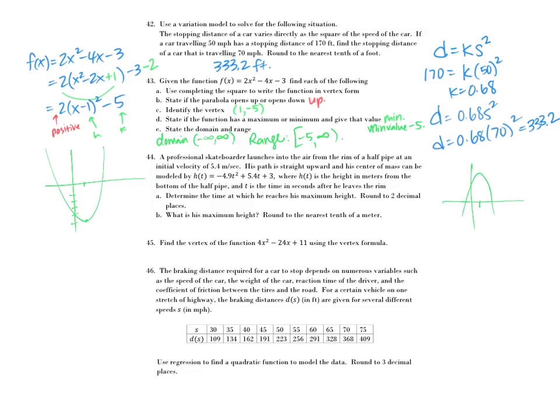And that maximum happens at 0.55 seconds, and the height is 4.48. So the time is t equals 0.55, to 2 decimal places. Then the maximum height needs to be to the nearest tenth of a meter, so it's going to be 4.5 meters.